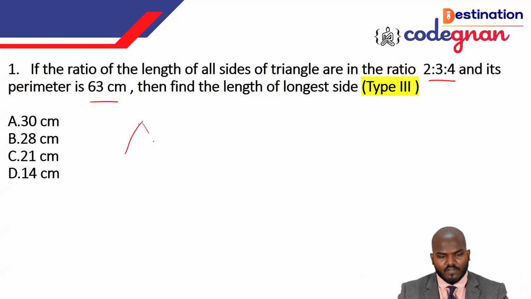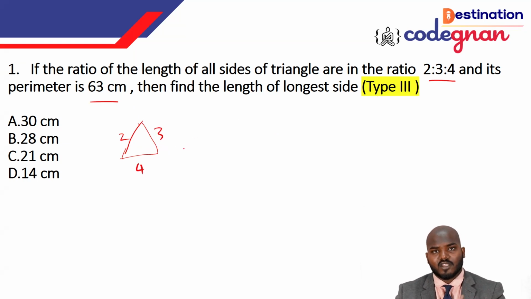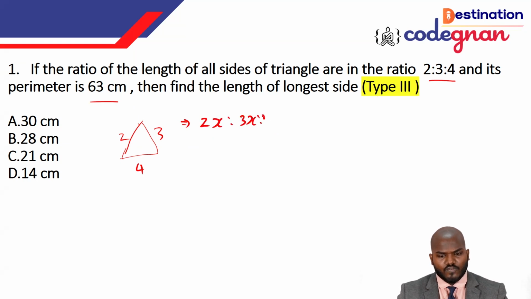If this is a triangle, it has three sides: this is 2, this is 3. You can't directly call these 2 centimeters, 3 centimeters and 4 centimeters. No. I told you the ratio is different from the value. So I call them 2x, 3x and 4x.